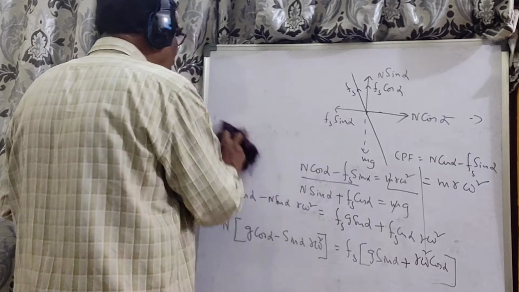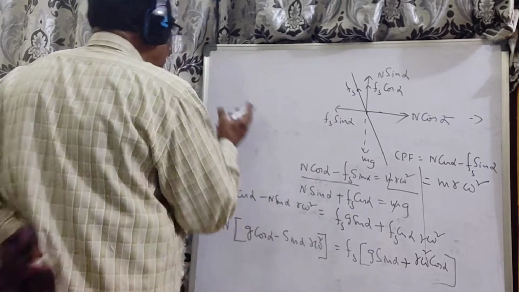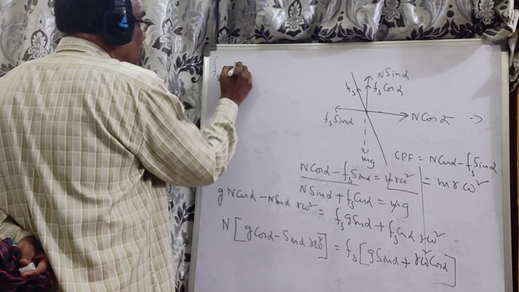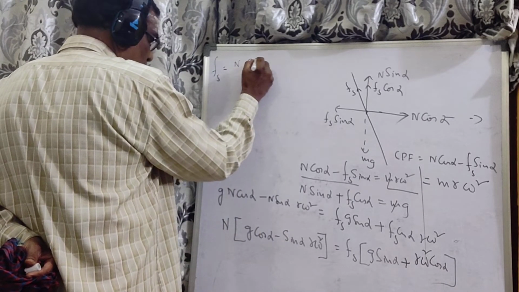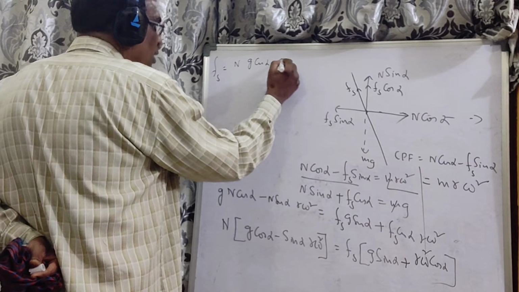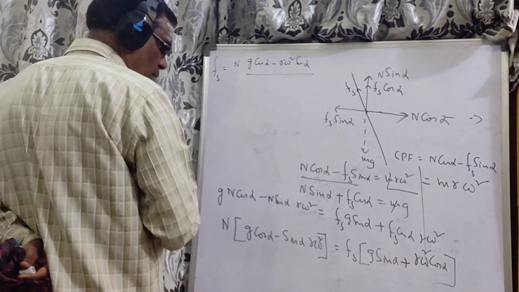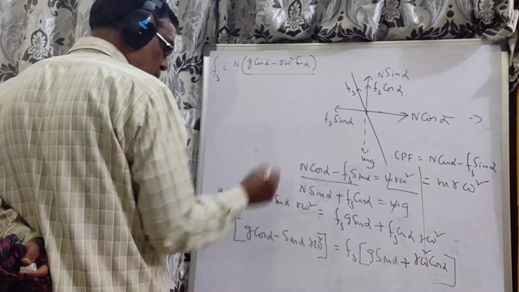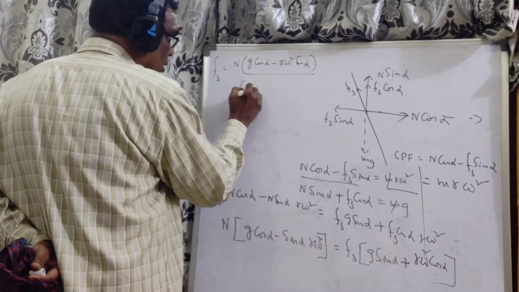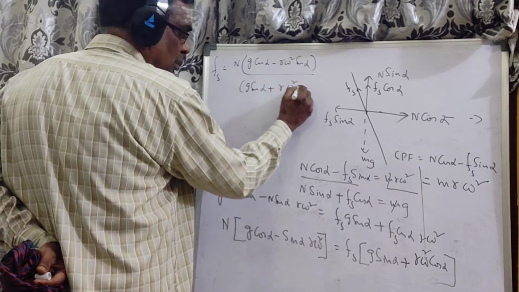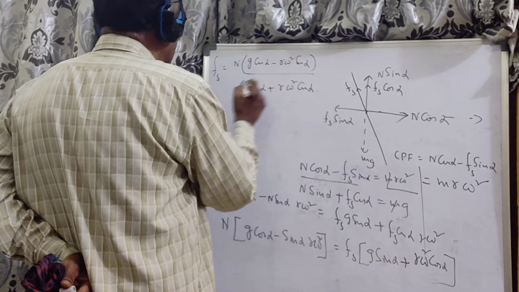See, the equation appears complicated, but the way you get is very simple. N is g cos alpha minus r omega square sin alpha by g sin alpha plus r omega square cos alpha.